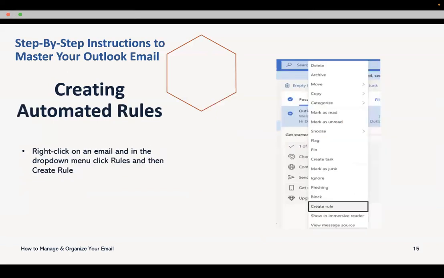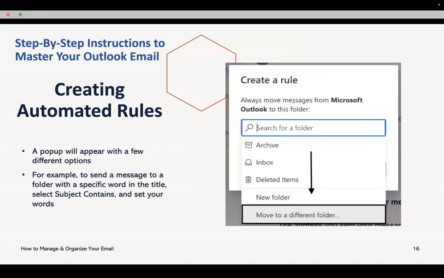All right, now for automated rules to have your email organize all those emails in the folders for you, so you don't really have to have any thought behind it, and it just does it, and you can just open your email and it's already organized and beautiful. You're going to right click on an email, and in that drop down menu, click rules and then create rule.